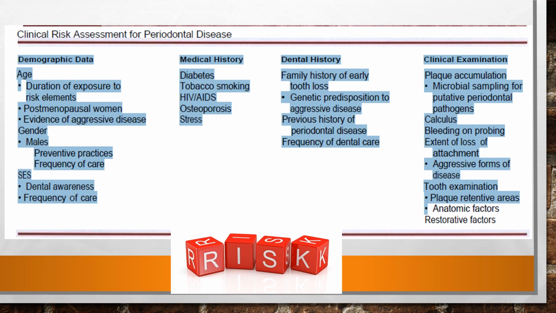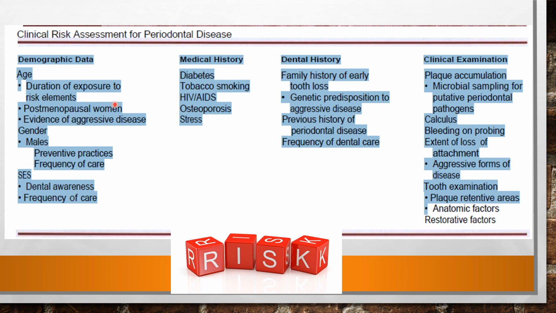Okay, so coming to the details of each, the clinical risk assessment: how we can evaluate the risk factors in various aspects while we are taking the case history. As you know, we have already discussed the periodontal assessment and the case histories for gingivitis and periodontitis. So we will just see which aspects will be monitored at each level. That is demographic data. Under demographic data, age will be taken.